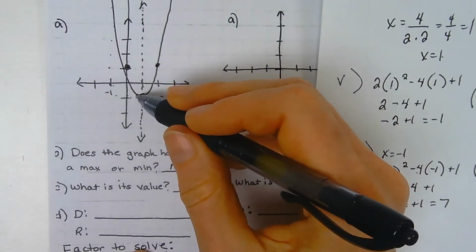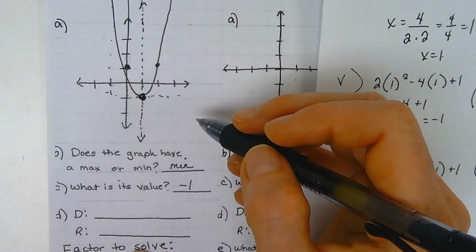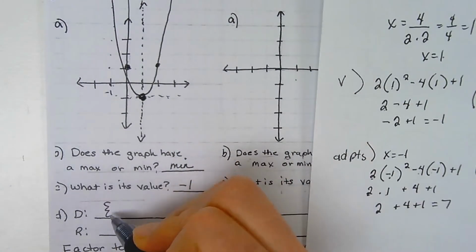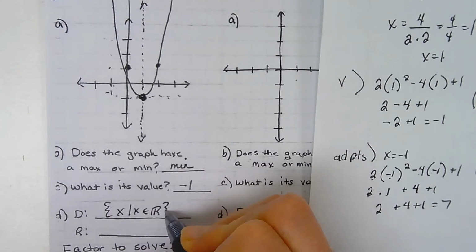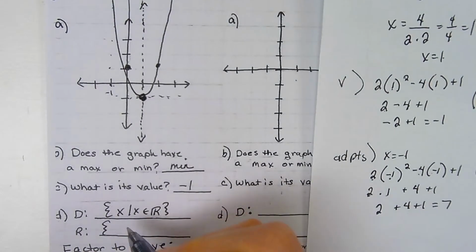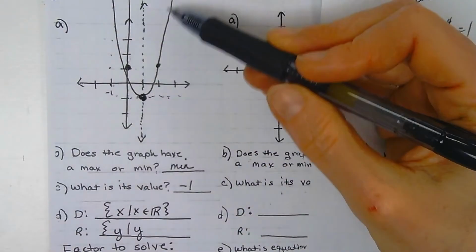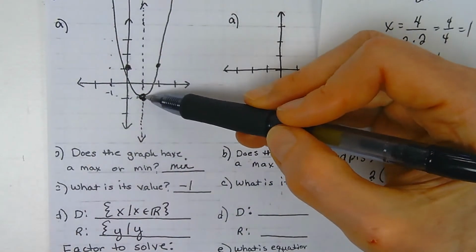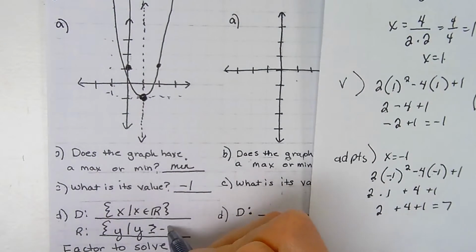Its value is where it falls on the y values here, -1. The domain, as we all know, is x such that x is an element of all the reals. And the range is y such that y is greater than or equal to that minimum value of -1.